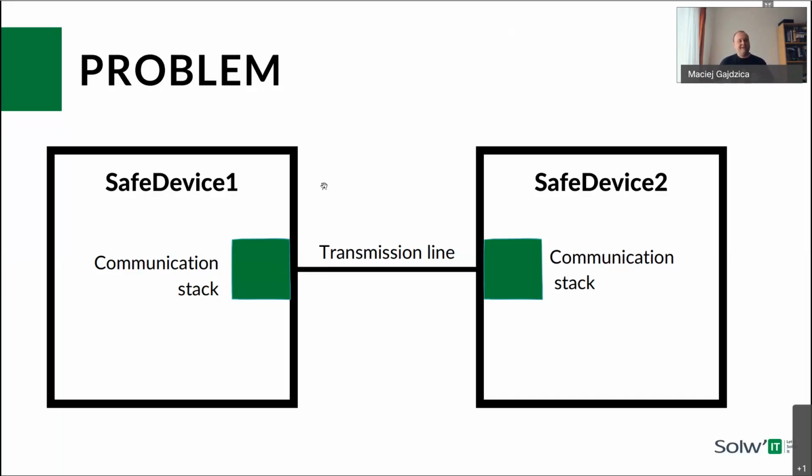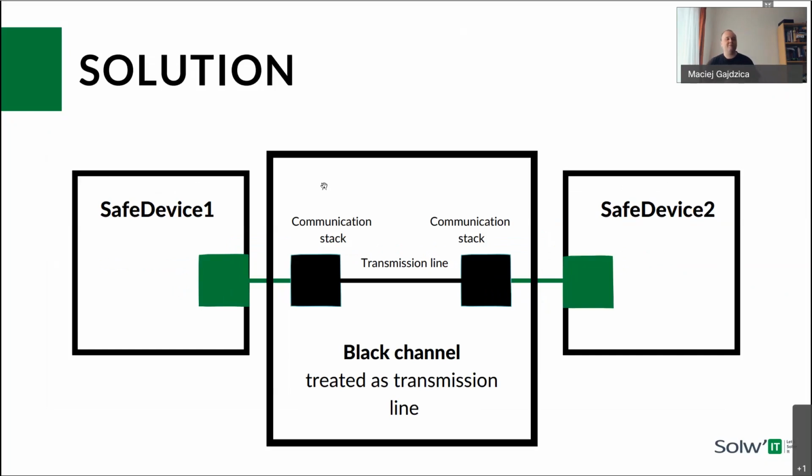And in case of TCP/IP protocol, this is really a problem, because most of the implementations that are available don't meet those requirements. And we really don't want to write TCP/IP stack from scratch. So what could we do in this situation? And the solution is quite clever.